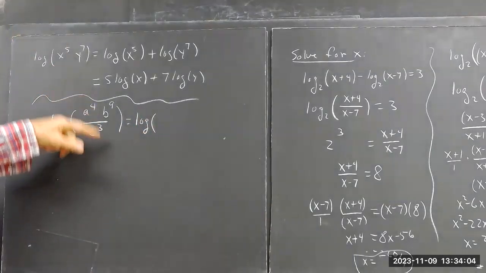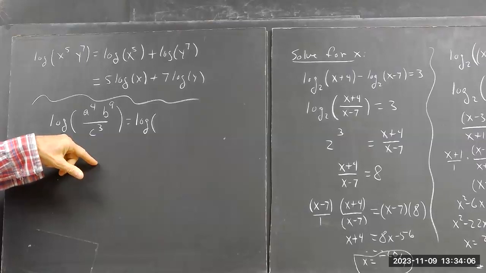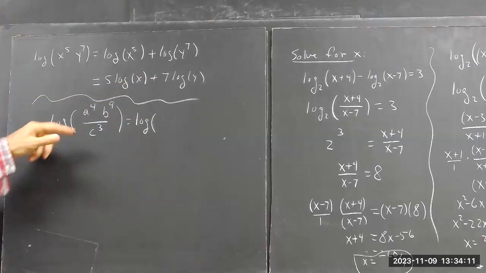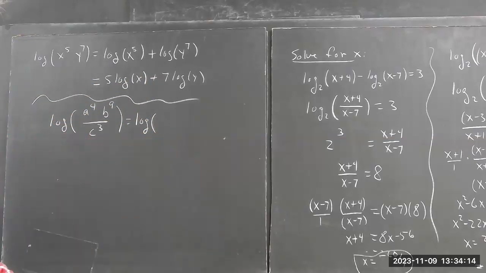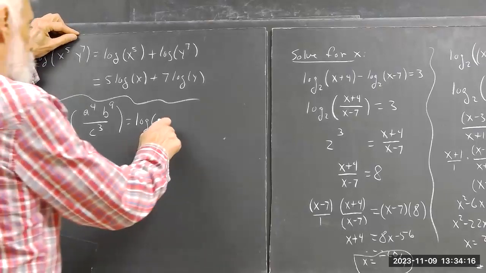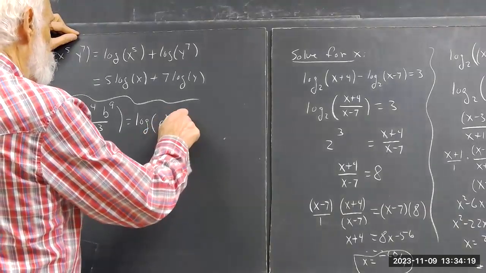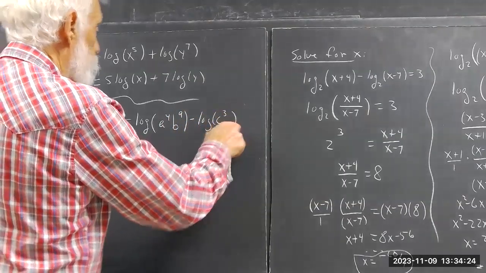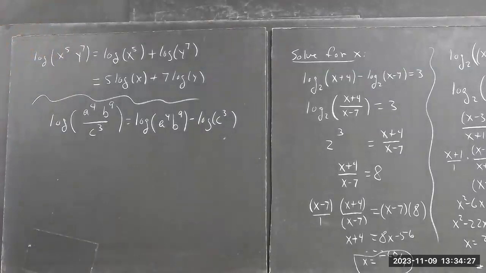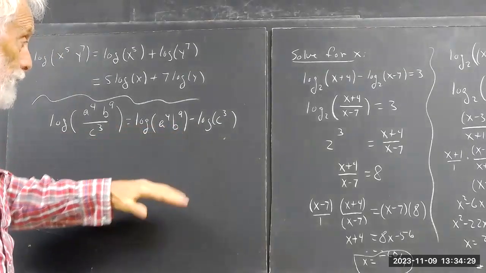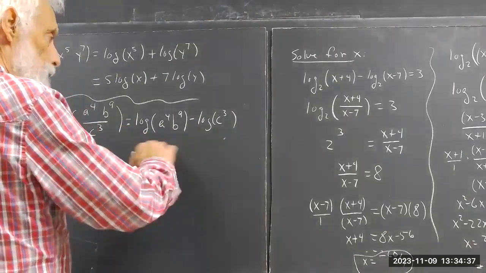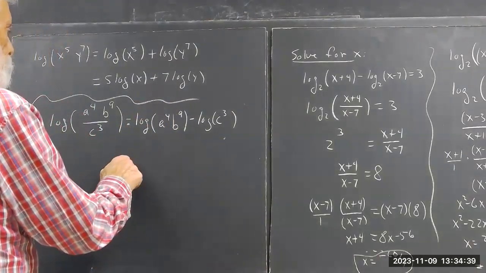Log of one thing divided by the other, just like the log of a product is the sum of the logs, the log of a quotient is the difference of the logs. Okay, so this would be like the log of a to the 4th, b to the 9th, minus the log of c cubed. Okay, so you had log of this divided by this, and then you expanded this. And so it's about 2/3 right, but the 1/3 where you divided was wrong.